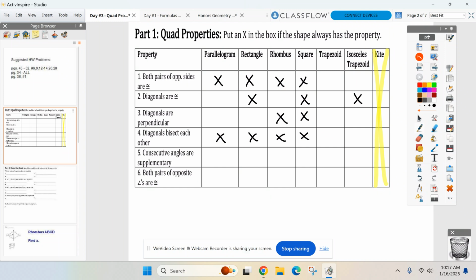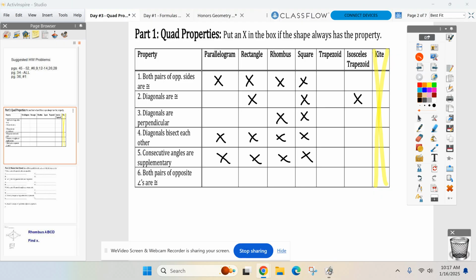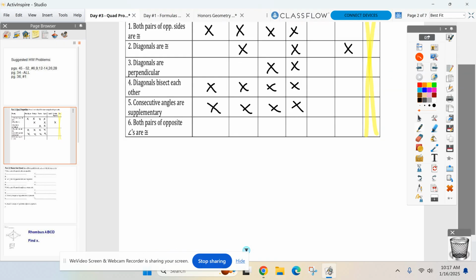Consecutive angles are supplementary in a parallelogram? Yes, they are. Trapezoid? Be careful. Some consecutive angles are. Be careful when you say that.